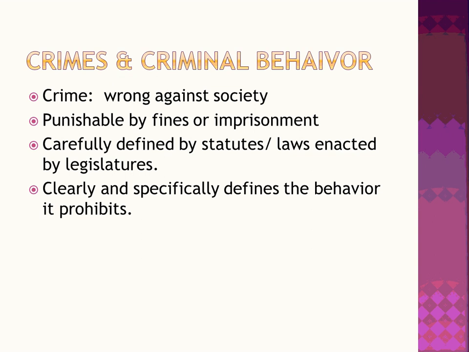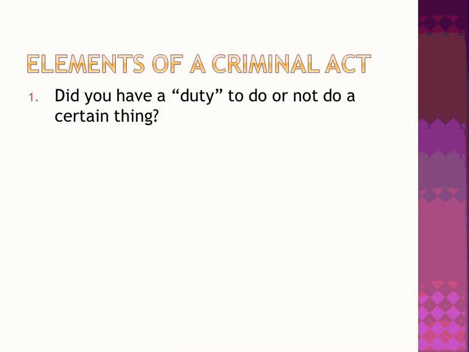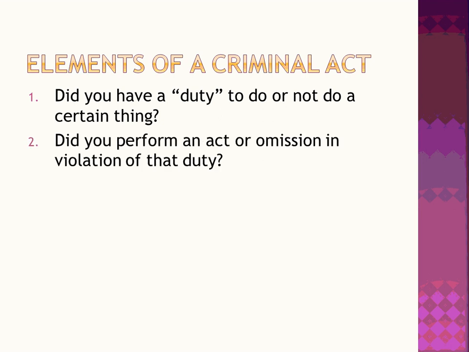Okay? All right, so the elements of a criminal act, and there are three. Did you have a duty to do or to not do a certain thing? Okay, was it your responsibility? Second one, did you perform an act or an omission that would violate that duty?